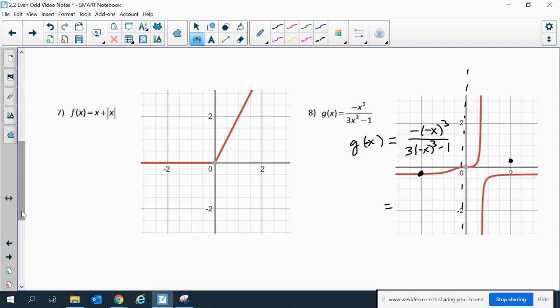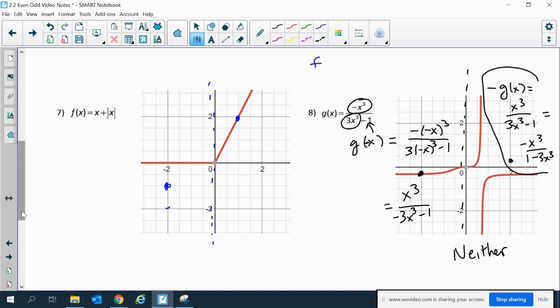And that simplifies to be x cubed over negative 3x cubed minus 1. So this changed and that changed, but this didn't change. If everything totally changed in both the numerator and the denominator, it would actually be the exact same function as the original. And if only the numerator or only the denominator changed, then it would be a total opposite function. But in this case, it's neither.